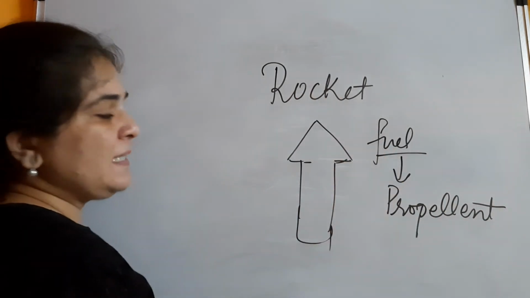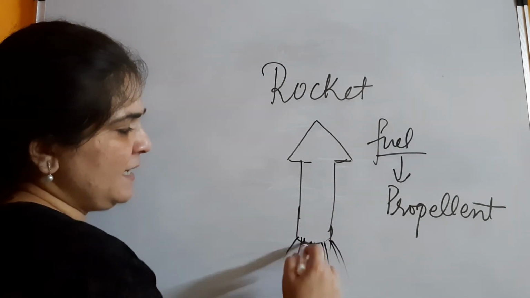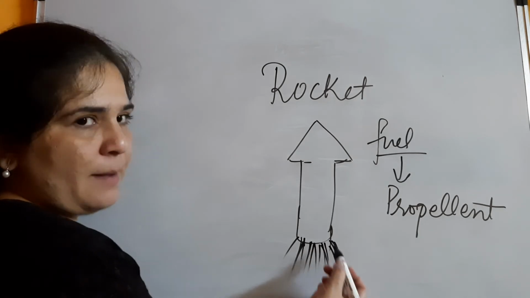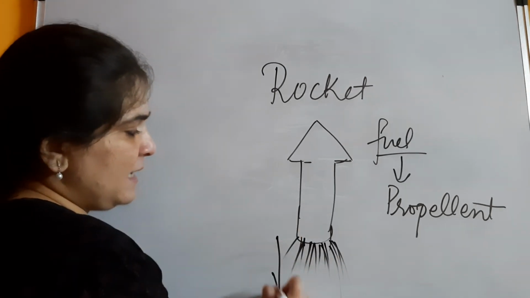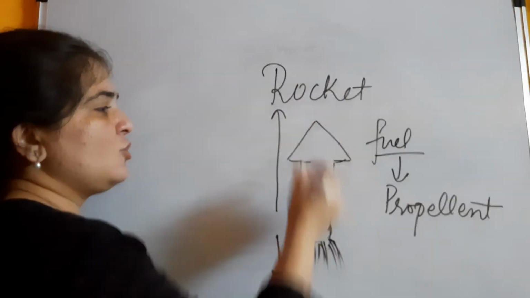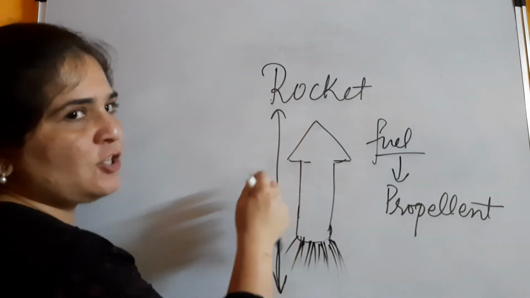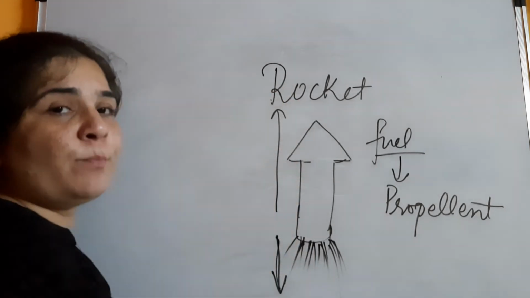So what we see, the moment the fuel starts to burn, you must have seen the fire, the burning flame coming down. The moment the flame starts to come down, with the same force, the rocket starts to move upward in the opposite direction. So action and reaction are equal, and they are in opposite directions.